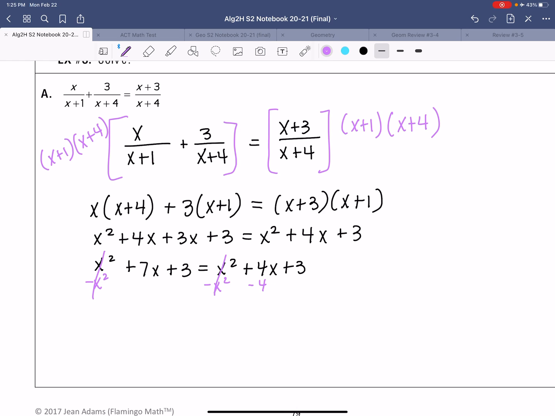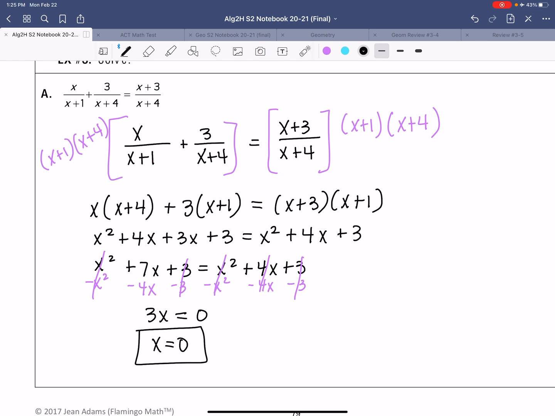I'll subtract this 4x from both sides, and I'll subtract this 3 from both sides, and those are also going to eliminate. So all I have left now is 3x, and then on the other side I have 0, so 3x equals 0, so that means x equals 0.